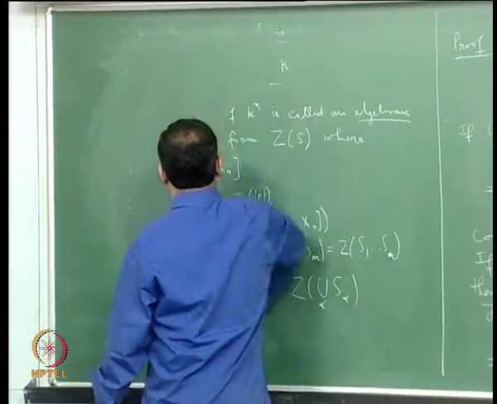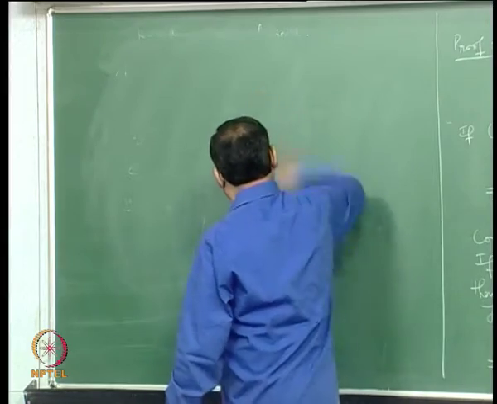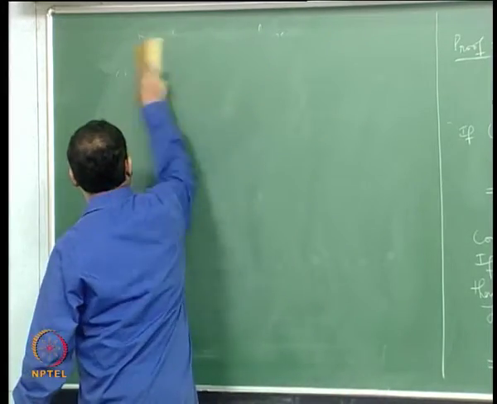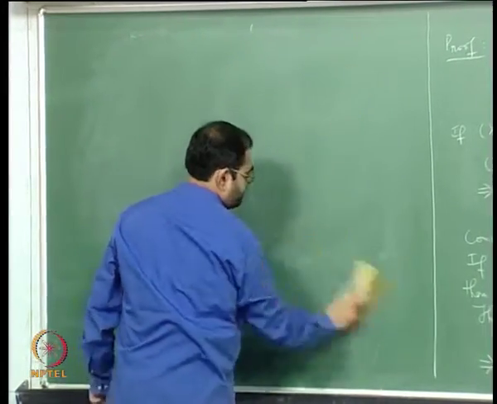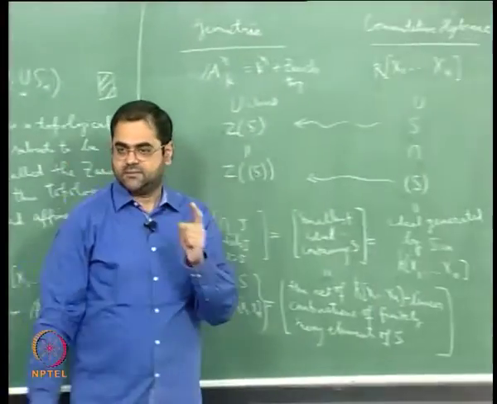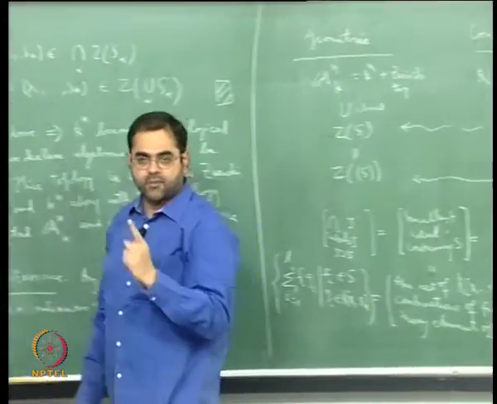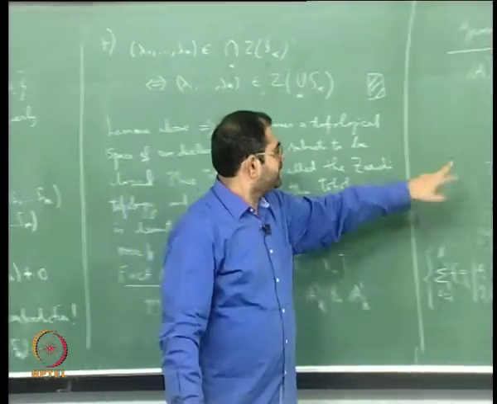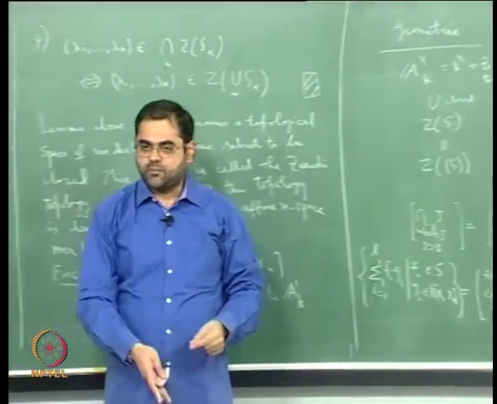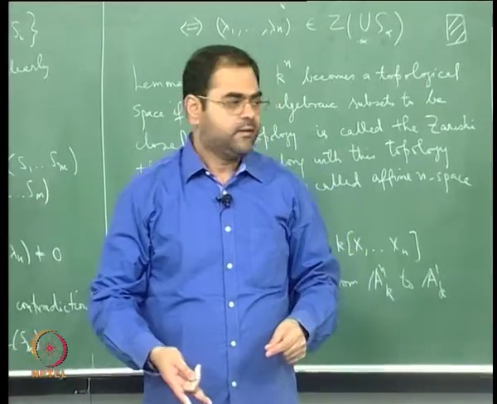See, the fact is that the worry comes from a very simple observation. Even if my set S was a single element, suppose S was a single element, that means S is only one polynomial, okay. Then Z of S is just the 0 locus of that polynomial, this is a set of points where that polynomial vanishes, okay.